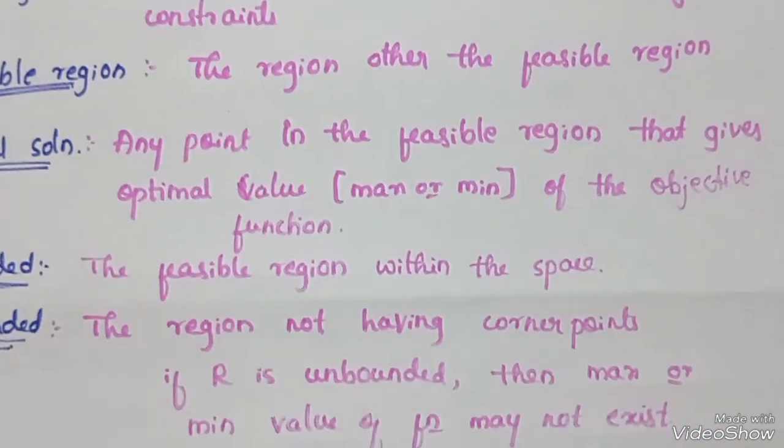Minimum and maximum values may not exist. Up to this much the points are over.